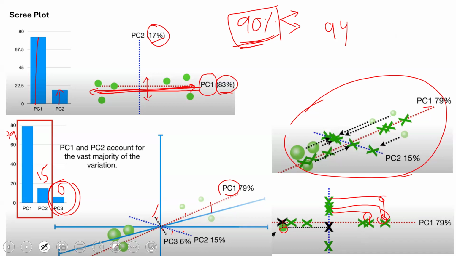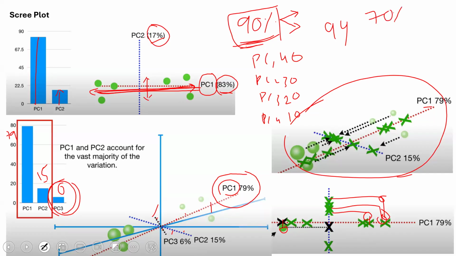We calculate the variance covered by each principal component. Let's suppose I have four principal components, PC1, PC2, PC3, and PC4, covering 10, 20, 30, and 40. Now it is said to capture 70% of the variance in the data.